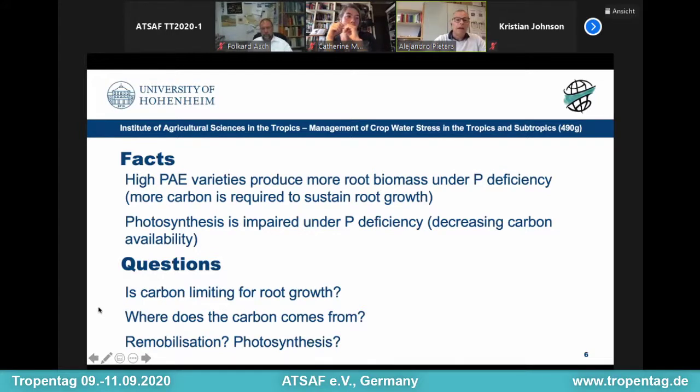So obviously these facts raise some questions, like for instance, is carbon really limiting for root growth? And where does the carbon come from to feed the increased proportion of root growth under phosphorus deficiency, and is this carbon the product of remobilization of previously stored carbon, or the product of transport of current or recently assimilated carbon through photosynthesis?